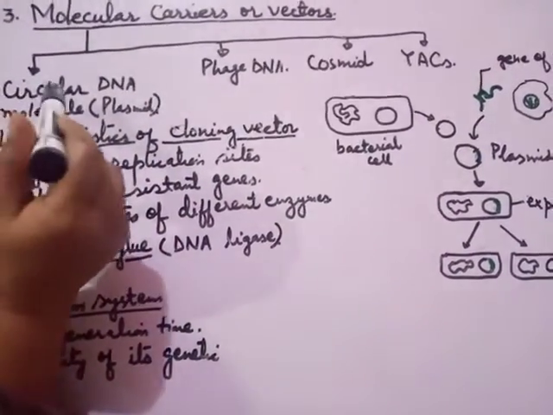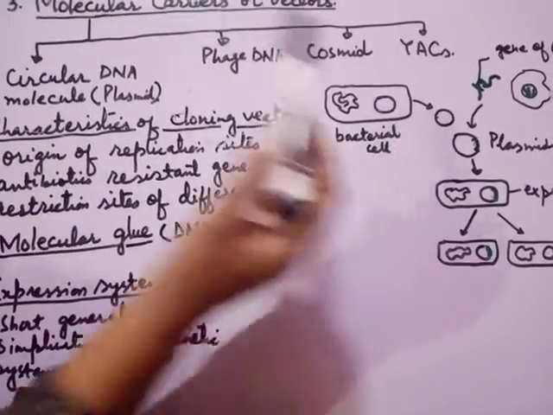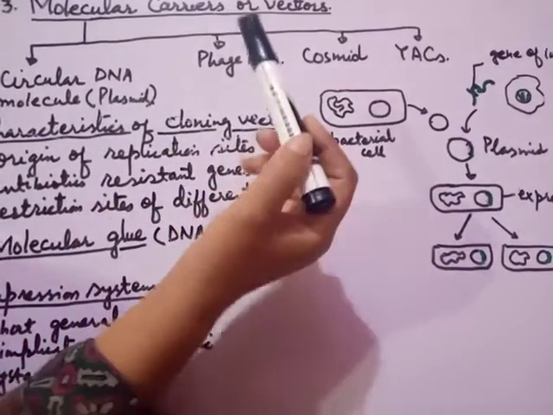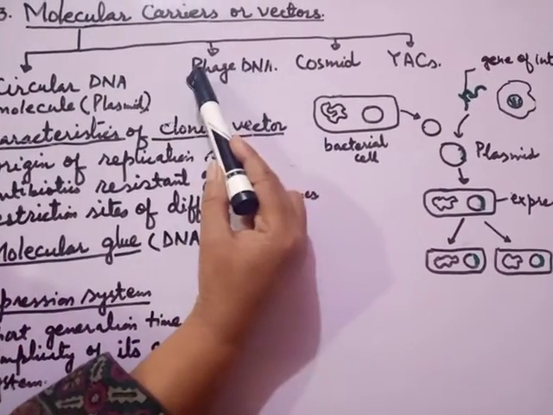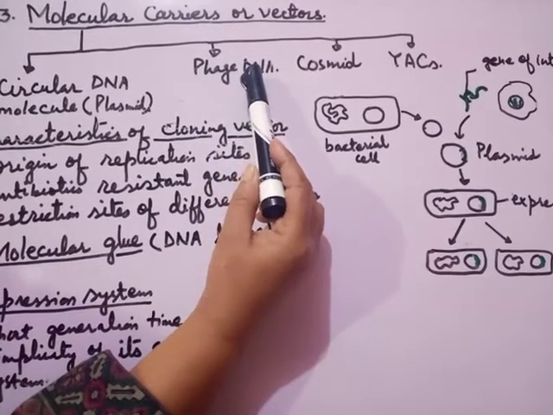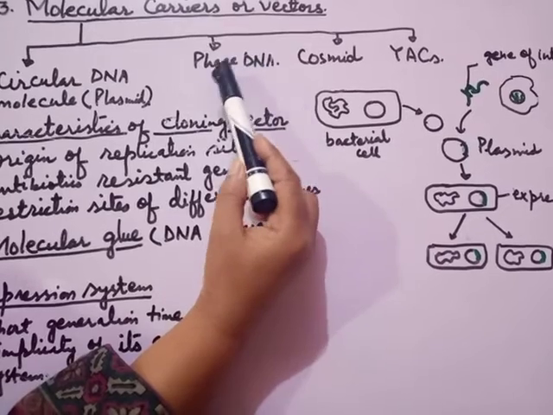The one which is mostly used is the circular DNA molecule of a bacterial cell, which is called a plasmid. Some other kinds of vectors can also be used, like phage DNA. Phage DNA means bacteriophage DNA.